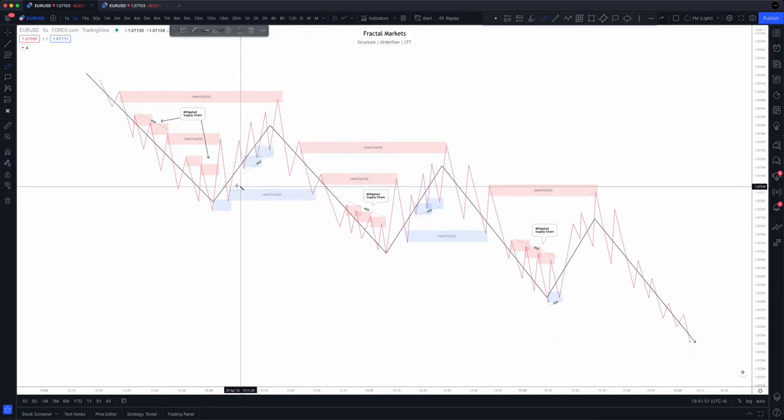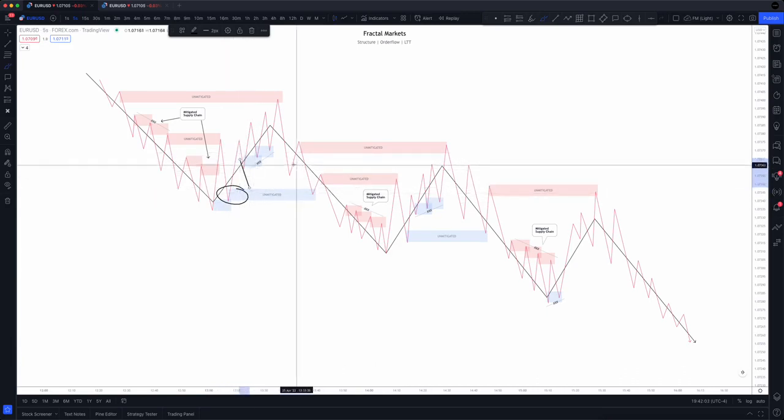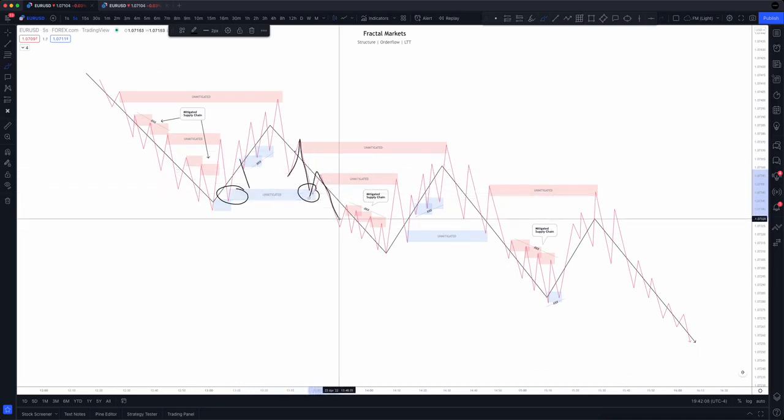So anytime you see a POI that's sitting here and there's been no tap into it from a previous price leg, the idea is that more often than not, this is the area that will prove to have a reaction and then get ran a little bit later on, right?